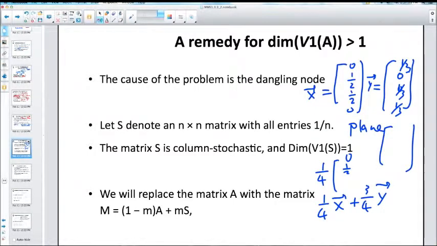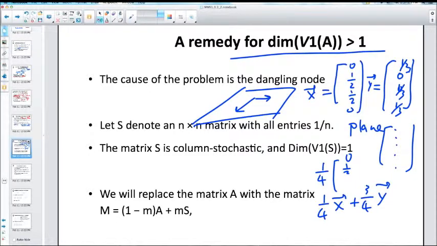And this solution could be any point on the plane made by this X and Y. So you cannot find the unique ranking. Then it's useless for that ranking system. So we definitely need to fix that problem of the dimension not equal to 1.